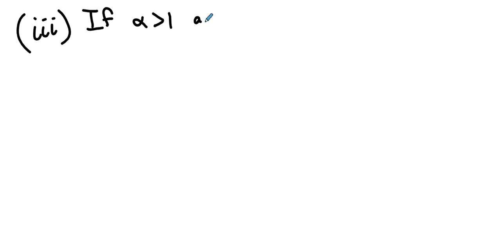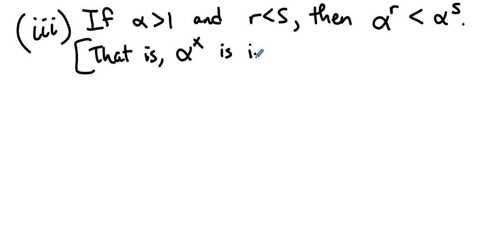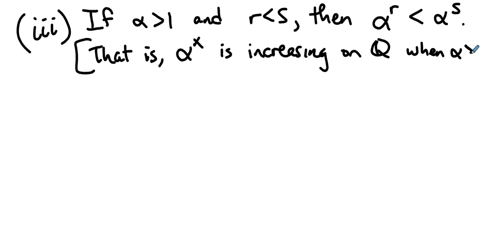Time now for the third result. The third big result says if alpha is greater than 1 and R is less than S, then alpha to the R is less than alpha to the S. That is, alpha to the x is increasing on the rational numbers when alpha is greater than 1.